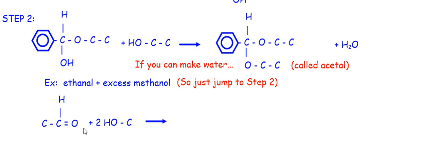I'm going to have my 2 ether groups and my water. By the way, how am I going to name this? Let's think about that real quick. How am I going to name this? I have 2 ether groups. Think about it. When you're ready, I'll give you the answer.